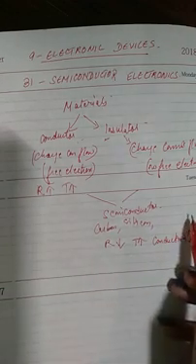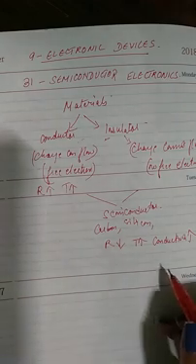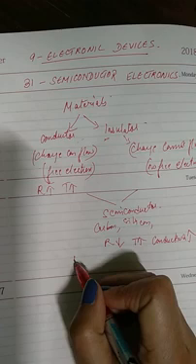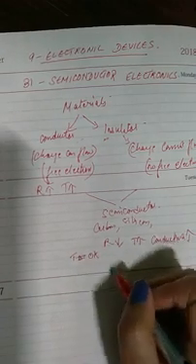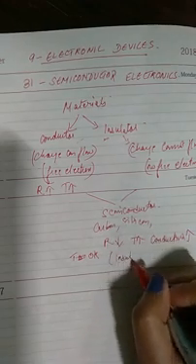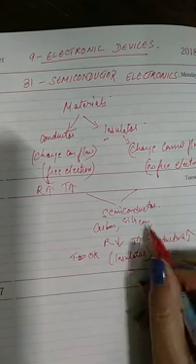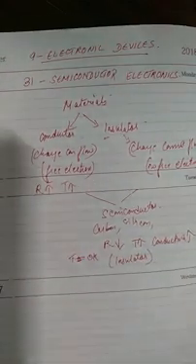And at absolute zero temperature, a semiconductor becomes an ideal insulator. So when temperature is 0 Kelvin, a semiconductor behaves like an insulator. So this is the property of a semiconductor. Okay, this is the first thing.